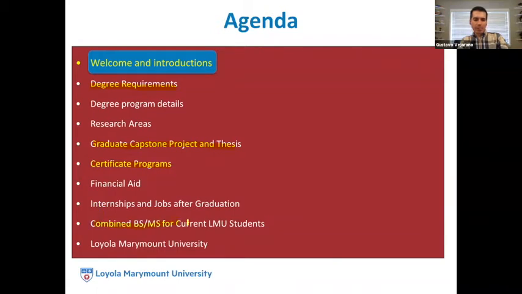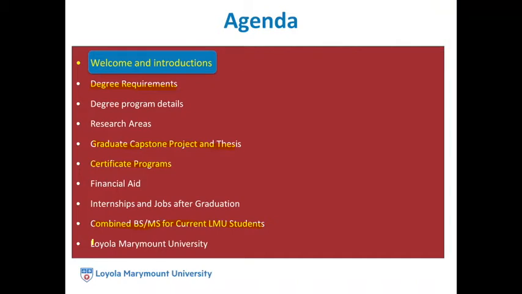Perhaps this last point doesn't apply to you, Arvin, because this is for our current students, so we may skip the combined BS and MS degrees. And finally, I will talk a little bit about the university in general.